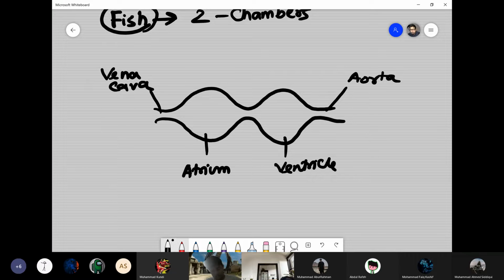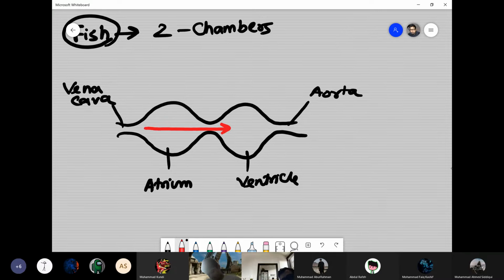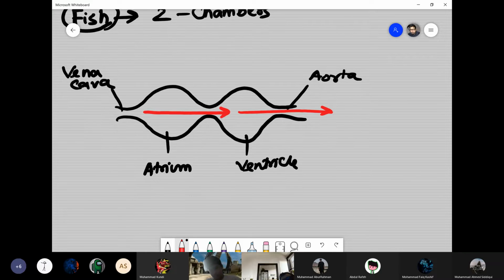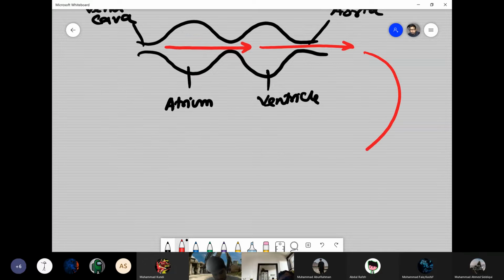Now, boys, what happens? The blood from the atrium is pumped into the ventricle. Then the ventricle contracts and blood is pumped out of the ventricle into the aorta. Then this aorta takes blood to the whole body.